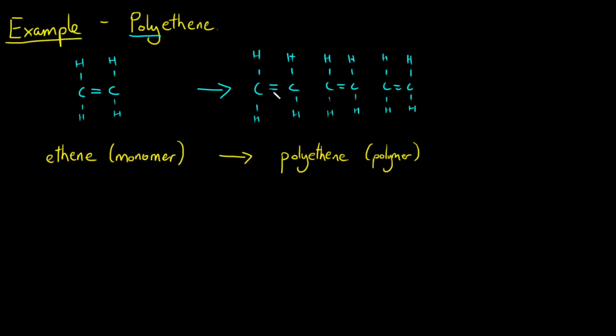So let's start that off by breaking these carbon to carbon double bonds by removing one of the bonds in the carbon to carbon double bond. And now we've got some carbon atoms which are only making 3 bonds. They want to make 4. So these monomers will want to join together because we've broken this carbon to carbon double bond.